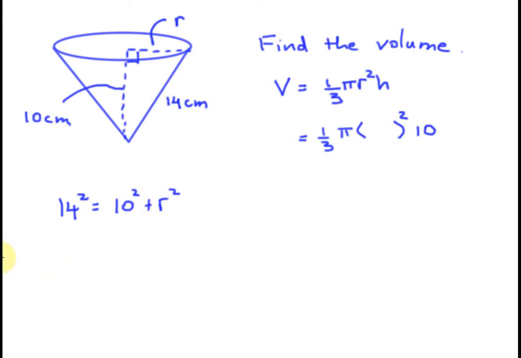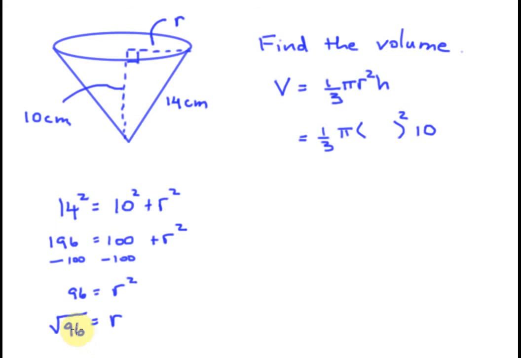I'm just going to do a little bit of algebra, square out these numbers, and then subtract 100 from both sides. That leaves me with 96. And to get r, I'm going to square root that, so it's the square root of 96.